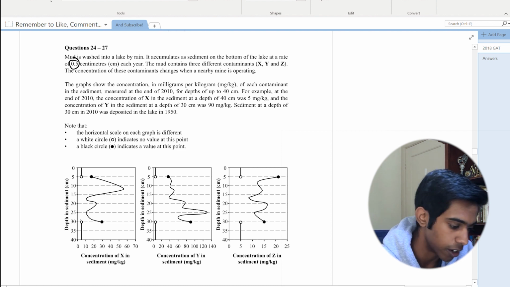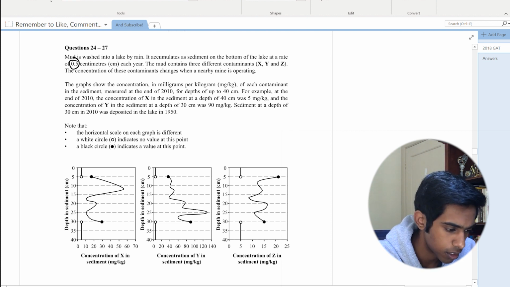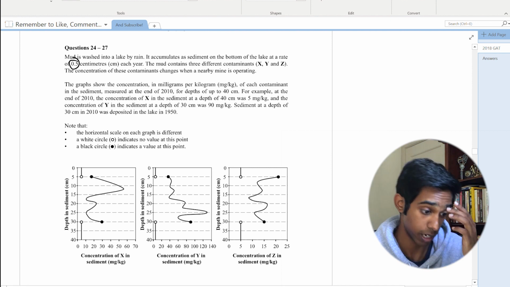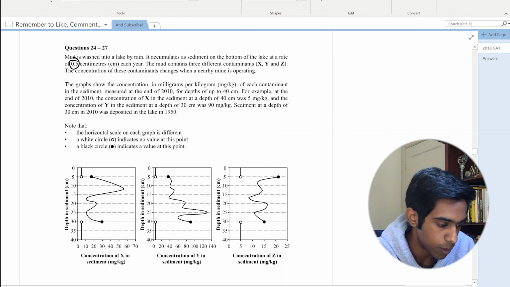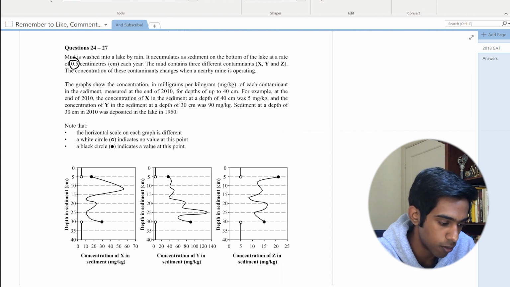I don't think I'm reading this correct. Oh, yep, so that would be this. Yeah, I believe so. Okay, so I'm not sure if I'm reading this right, so I'm going to read it again. For example, at the end of 2010, the concentration of X in the sediment at a depth of 40 centimeters was 5 milligrams per kilogram.